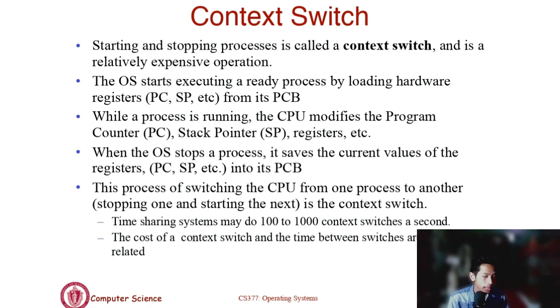So while a process is running, the CPU continuously modifies registers such as the program counter and stack pointer to manage execution flow. So when the operating system halts a process, it preserves the current values of the registers by storing them back into the process PCB.